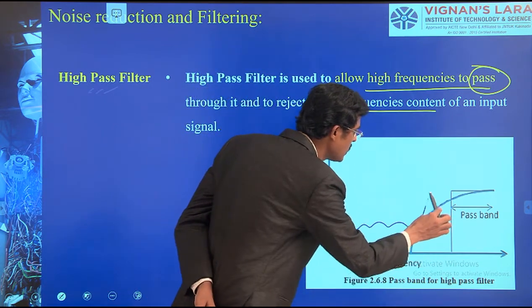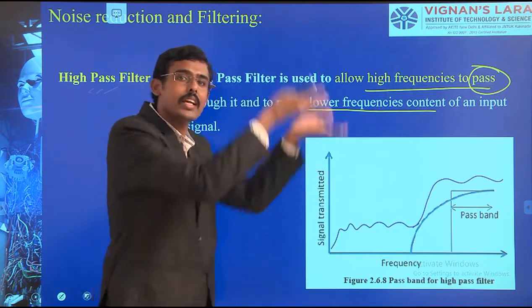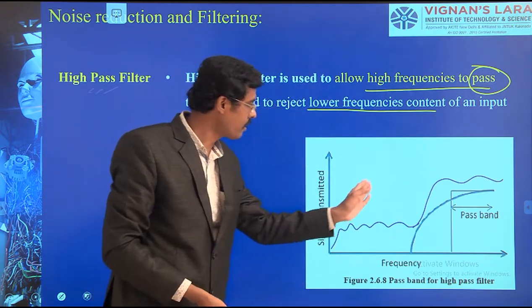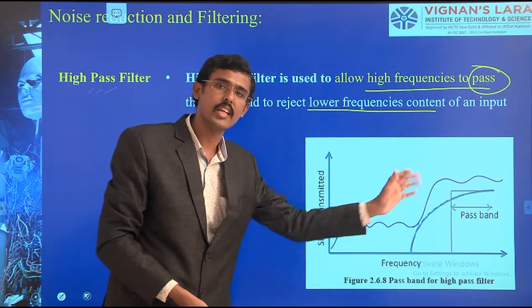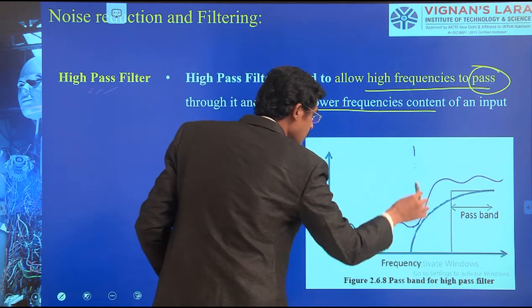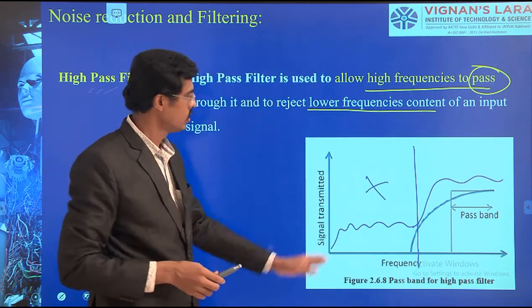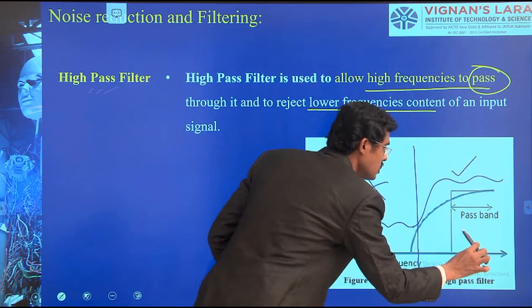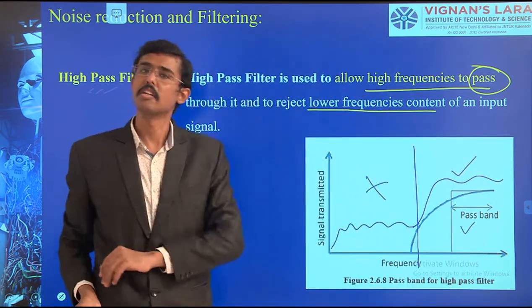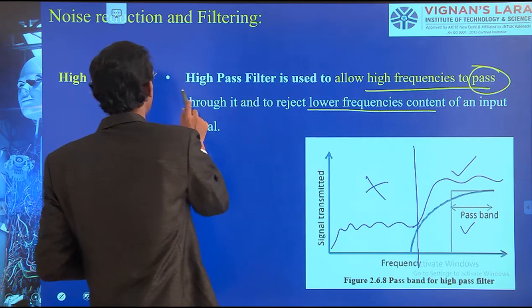What happens here? The noise increases, which means the voice level frequency is increasing. So from there I need the voice, and this region I do not need. The passing band is this, this is pass, this I need. So this we are naming as the high pass filter.